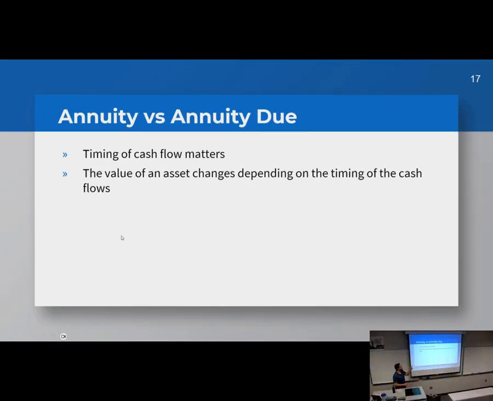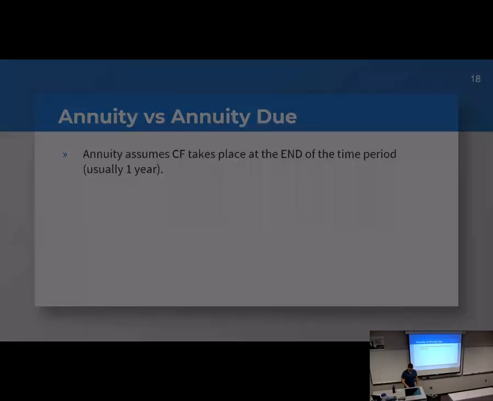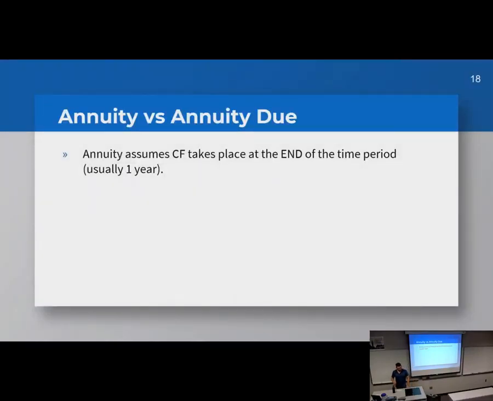So the value of any asset is going to change depending on when the cash flows the asset is generating occur. In general, whenever you receive a cash flow earlier, the higher the value of the cash flow stream is going to be. So, like most time value problems that we work on, annuities assume cash flows take place at the end of the year, usually in annual increments.